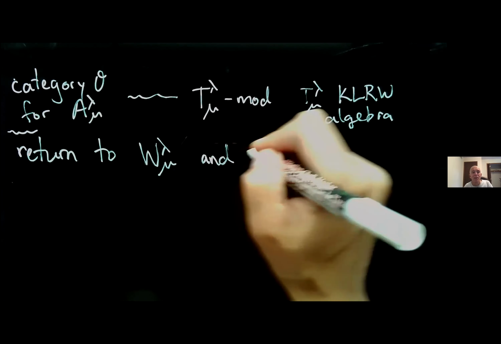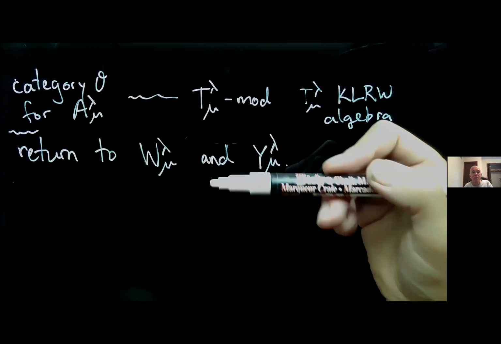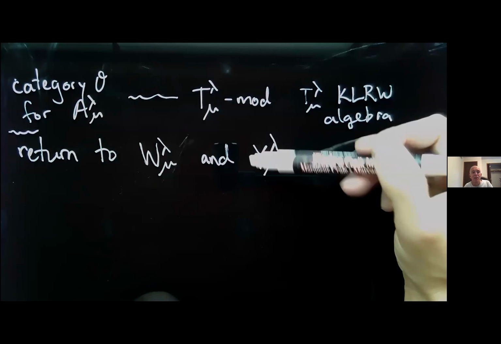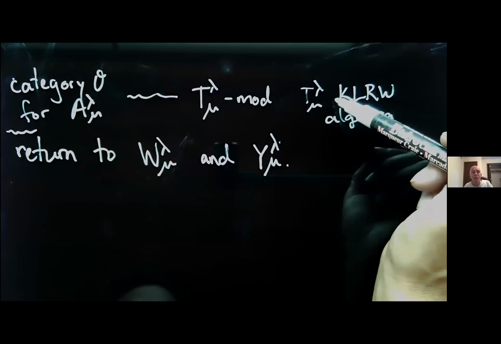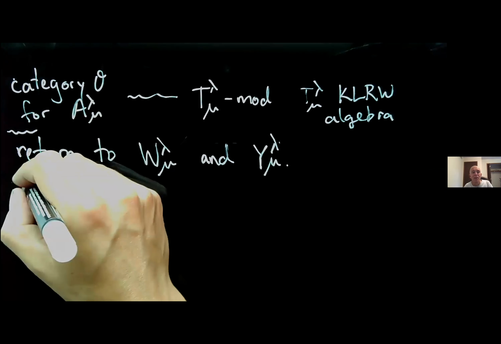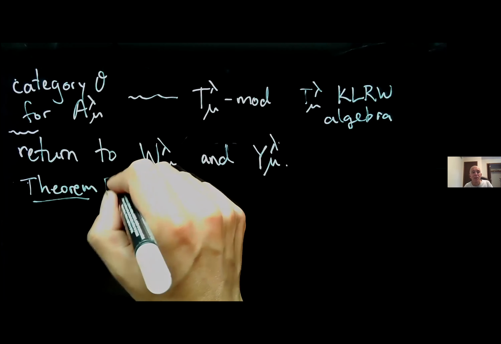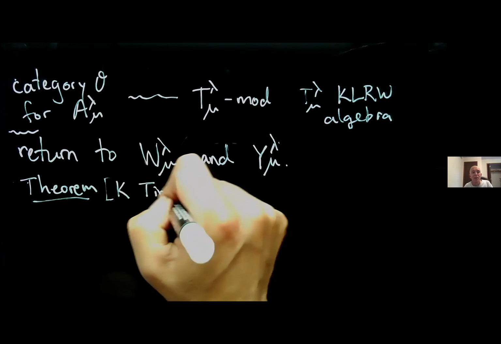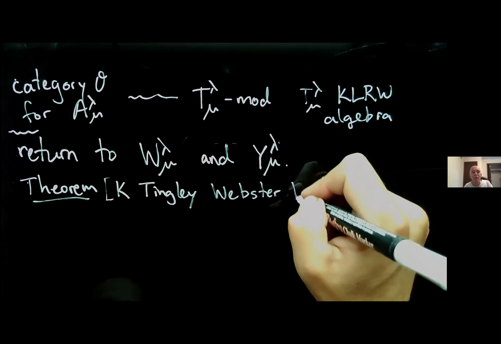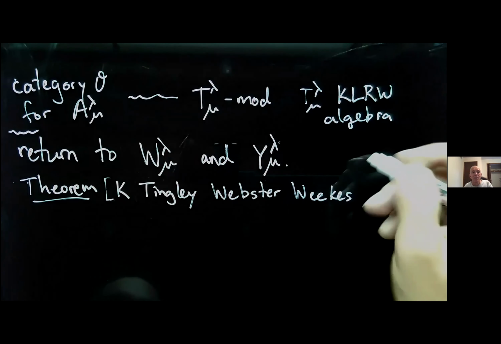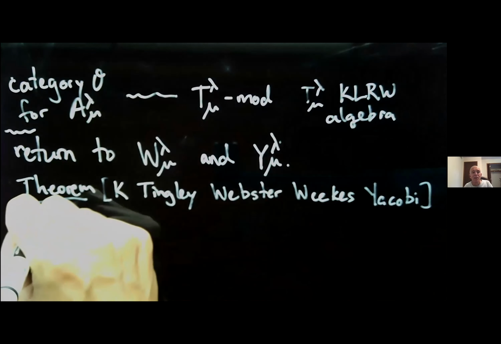Because these are the symplectic dual to the quiver varieties, and for other reasons, it's natural to try to relate category O for these truncated shifted Yangians also to these KLRW modules. And this is what we did. A theorem we proved last year, myself with Peter Tingley, Webster, Alex Weekes and Oded Yacobi, is that there's an equivalence of abelian categories.